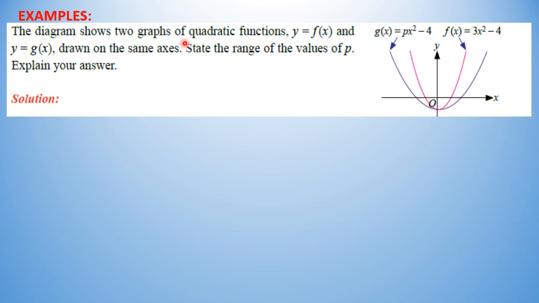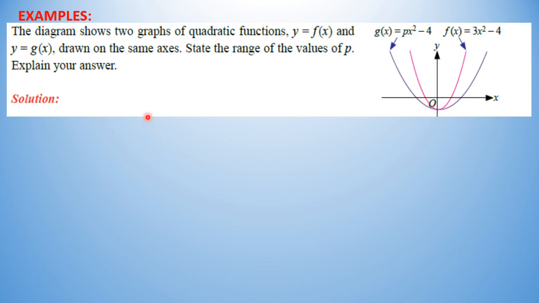The diagram shows two graphs of quadratic functions, okay? State the range of the values of p. Now this one, what's the value of p? For this pink color graph, we found that the value of a is 3.